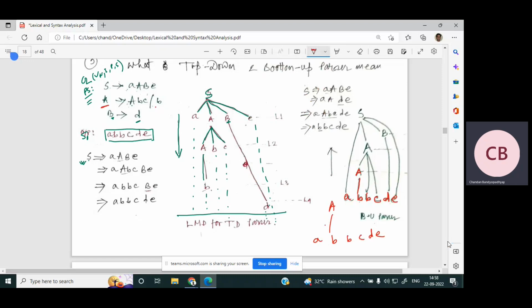Now, our values are small a, capital A, b, c, d and e. Correct.